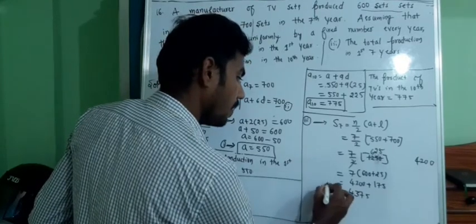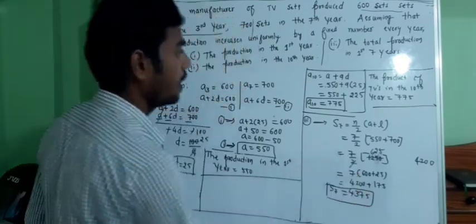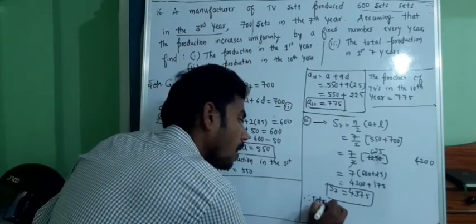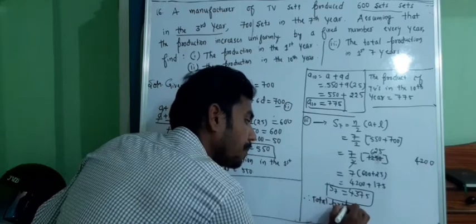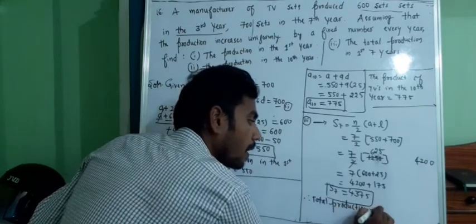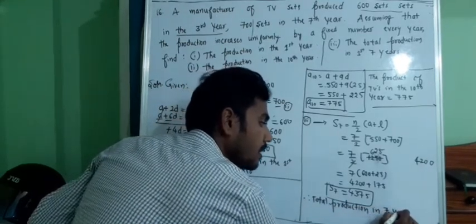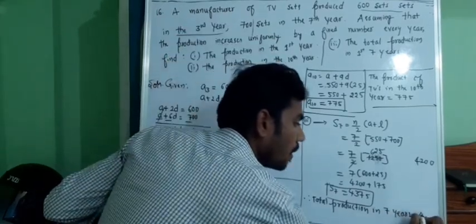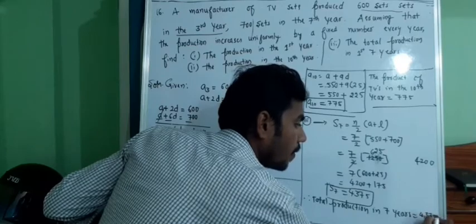Total number of TVs manufactured in 7 years means total production. Therefore, total production in 7 years is equal to 4375. Please note this down.